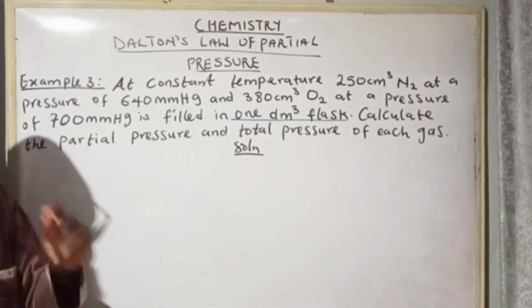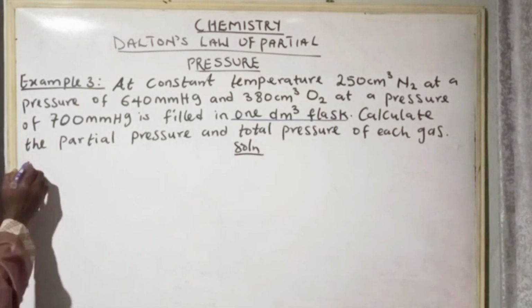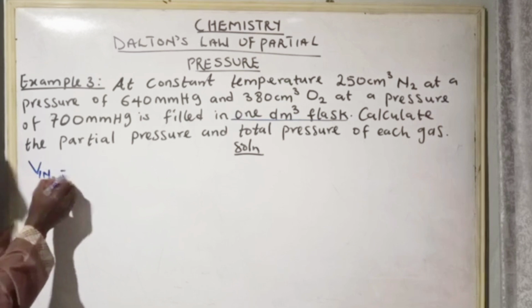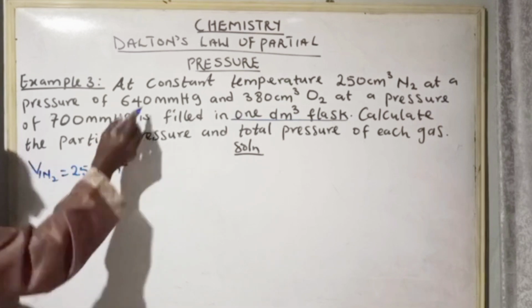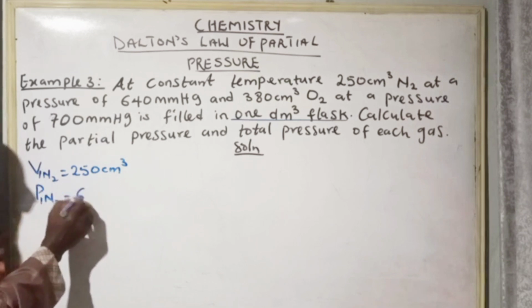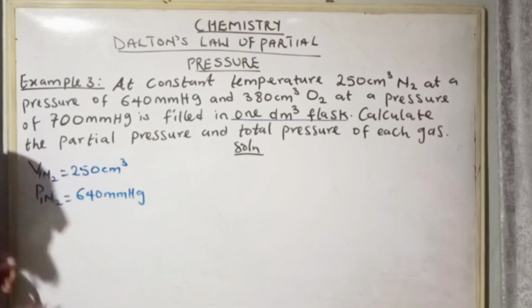Now for nitrogen, the volume of nitrogen, let's say V1 for nitrogen equals 250 centimeter cube, and the pressure P1 for that nitrogen equals 740 millimeter of mercury.